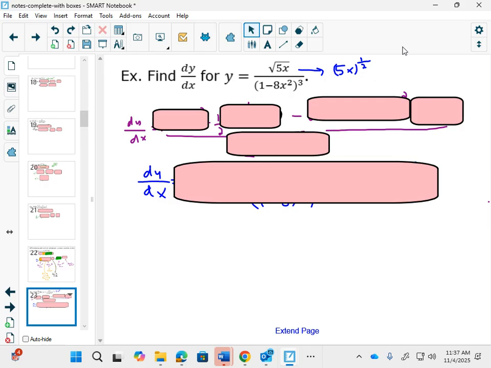In the quotient rule, you have a top and a bottom. Here's the top, here's the bottom, here's the top. What do we keep the same? We keep the bottom the same, derivative of the top, keep the top the same, derivative of the bottom, over the bottom squared.